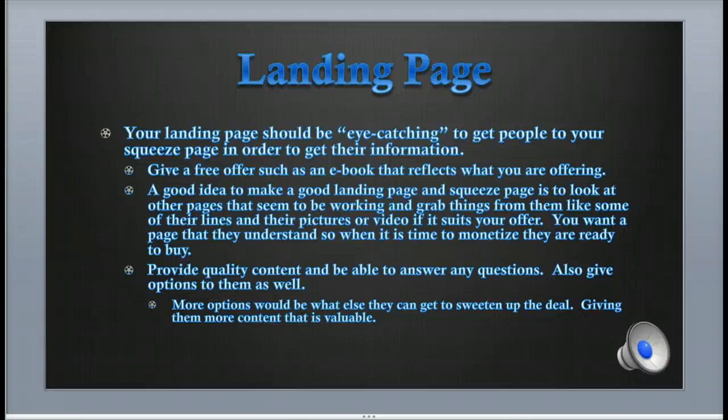Okay, they are credit card in hand, ready to buy. And a great idea is to go to top companies or top landing pages that you've seen. Look, copy and paste. Take a piece out of that and put that in your landing page or your squeeze page. You can do things like that. It's not illegal to do that.